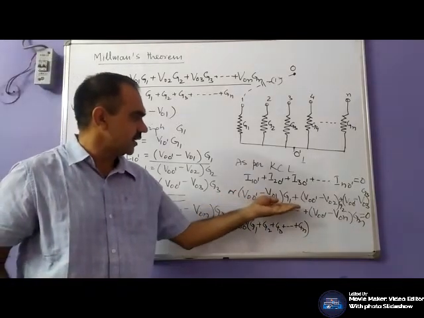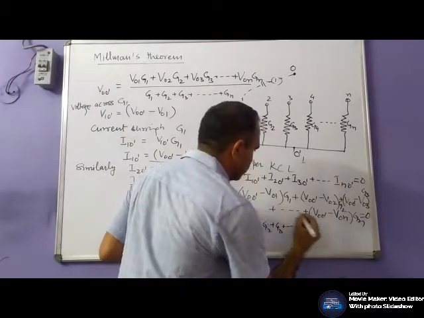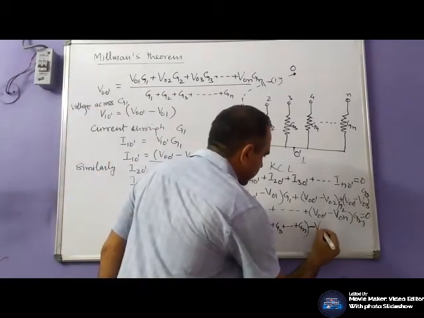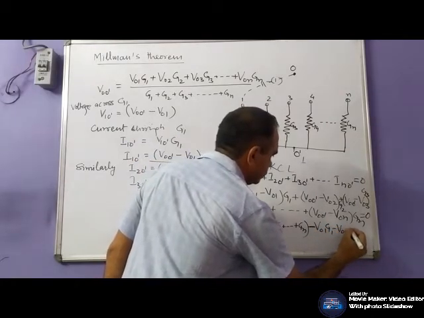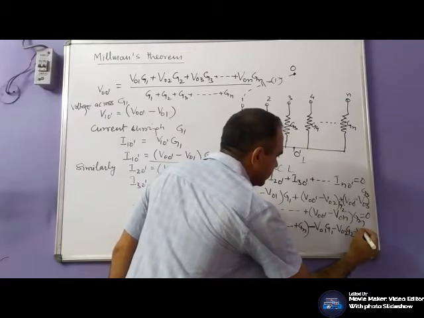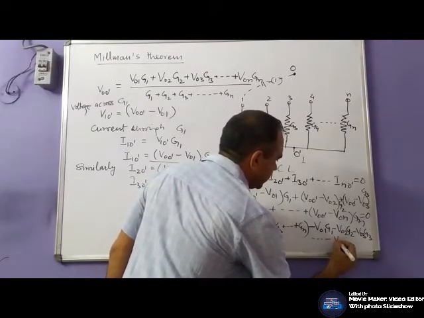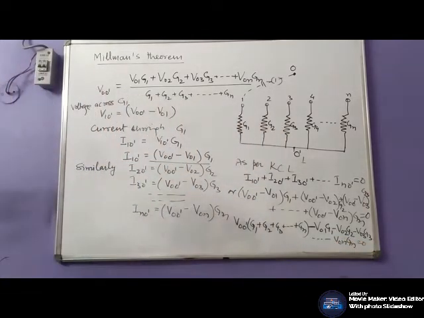This first part we have considered, minus V01 G1 minus V02 G2 minus V03 G3 and so on, minus V0n Gn is equal to 0.